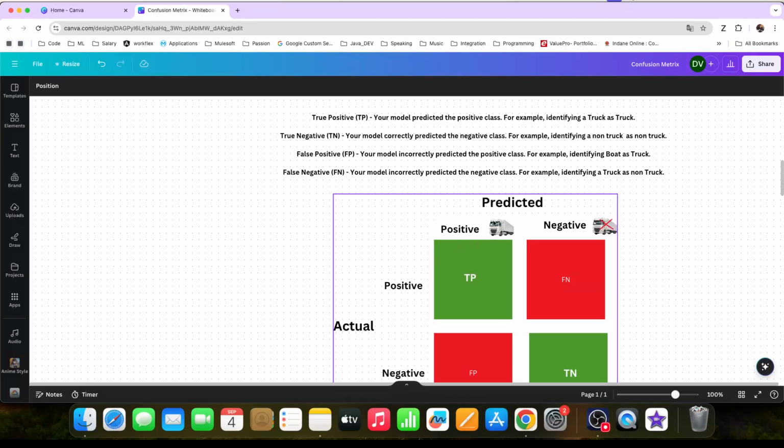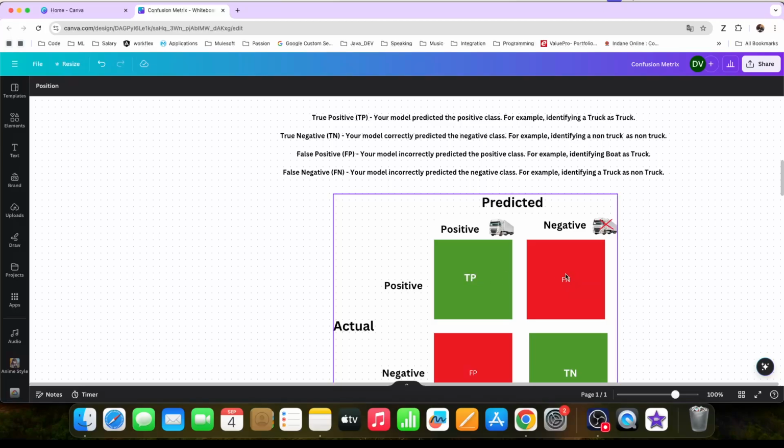So it's positive positive. In general, positive means it's an image of a truck. The prediction also says truck, and the actual image was also of a truck. So this count will show true positive.